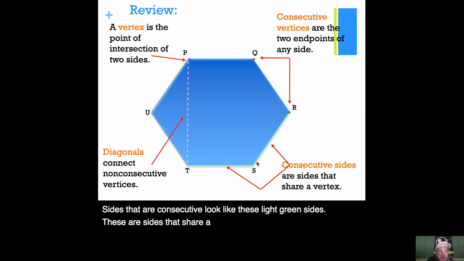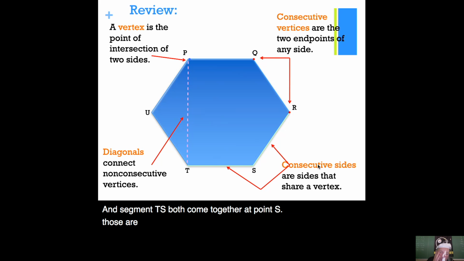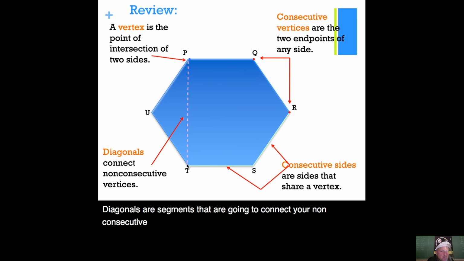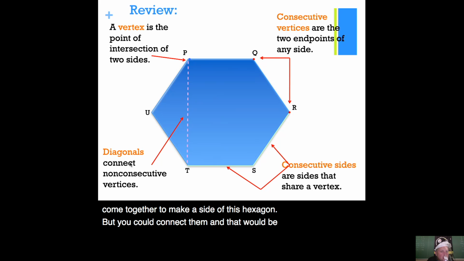So notice how segment RS and segment TS both come together at point S. Those are consecutive sides. They have a point in common. Diagonals are segments that connect your non-consecutive vertices. Look at point P and look at point T. They don't come together to make a side of this hexagon, but you could connect them, and that would be called a diagonal of the shape.